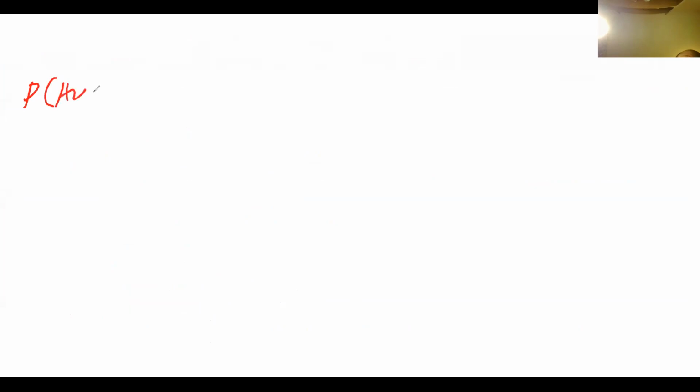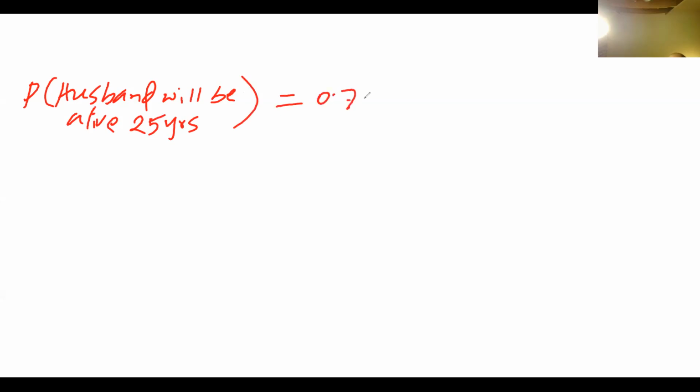So we have the probability that the husband will be alive 25 years from now. To make our notation easy for presentation, you can just indicate it as the probability that the husband will be alive is 0.7.